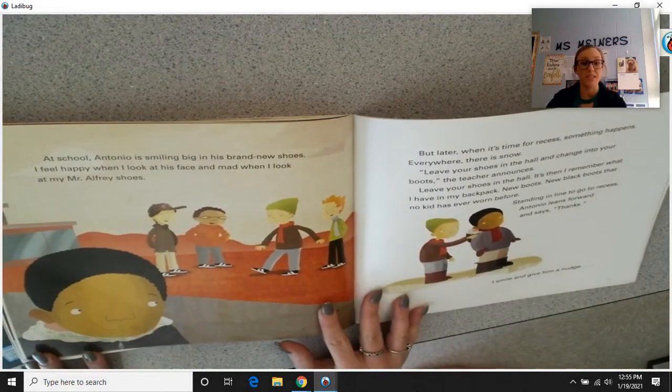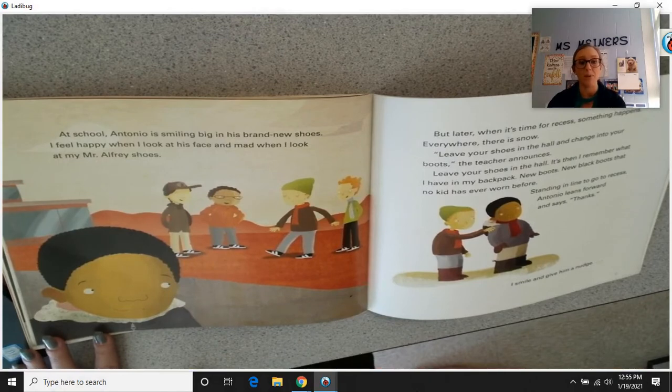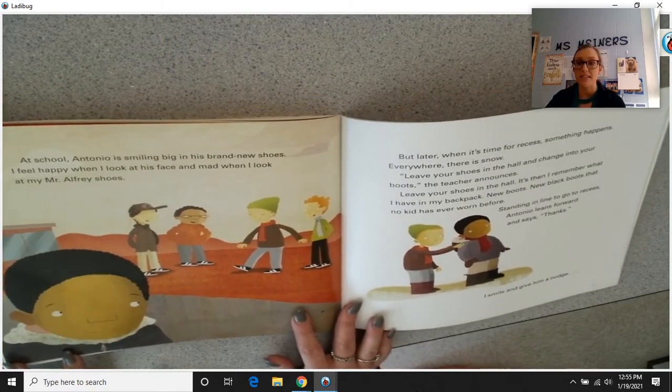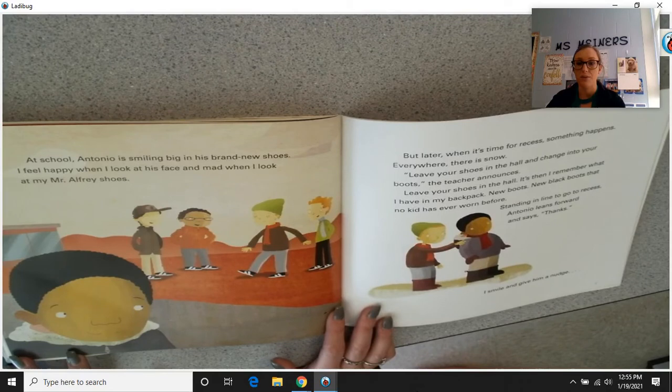At school, Antonio is smiling big in his brand new shoes. I feel happy when I look at his face and mad when I look at Mr. Alfrey's shoes. But later, when it's time for recess, something happens. Everywhere there is snow. Leave your shoes in the hall and change into your boots, the teacher announces.